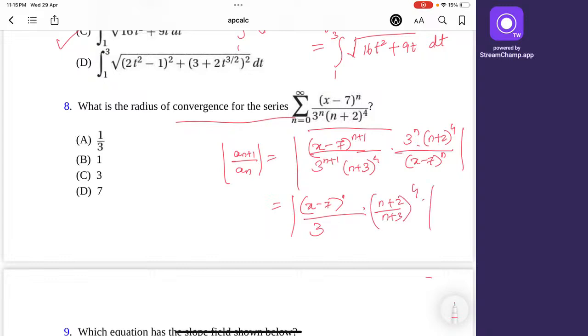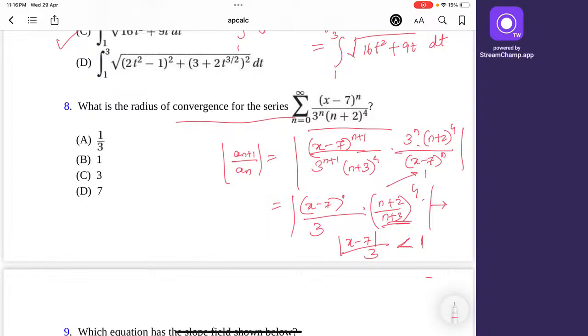So as n tends to infinity, this approaches mod x minus 7 by 3, and we want this to be less than 1.